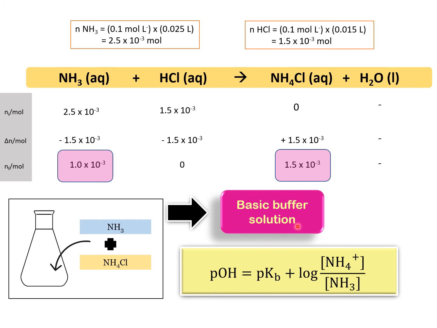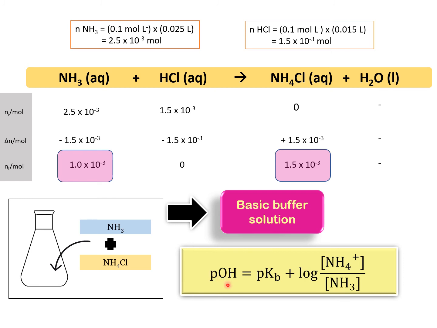Adakah acidic ataupun basic buffer. So, be very careful here. Sebab, student boleh keluarkan table ni dengan baik. Dia boleh kira number of mole, dia boleh buat table ni. Dia tahu dia ada buffer. In fact, dia boleh tulis sampai dia kata this is a basic buffer. But the most common mistake dekat sini adalah choosing the incorrect Henderson-Hasselbalch equation.